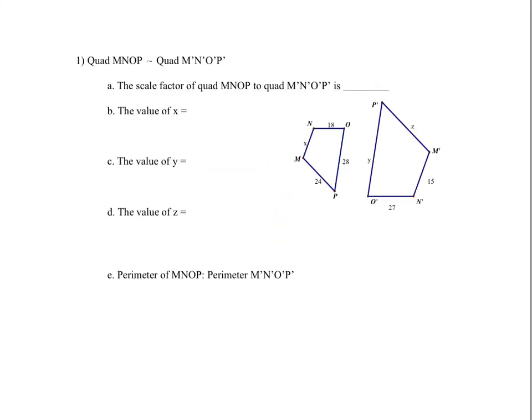In question number 1, we're given that quadrilateral MNOP on the left is similar to quadrilateral M'N'O'P'. The first question asks us to find the scale factor of the two quadrilaterals. And again, we have to do this in order. We're comparing the smaller one to the larger one.